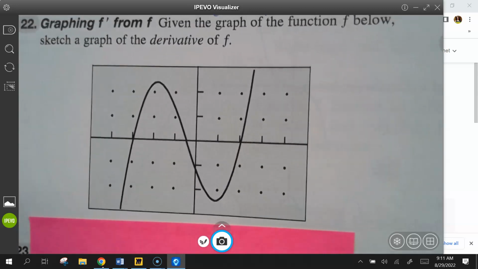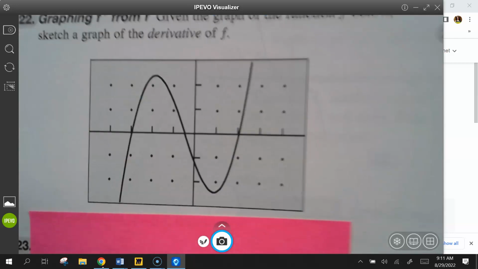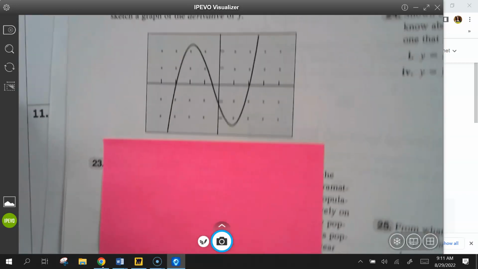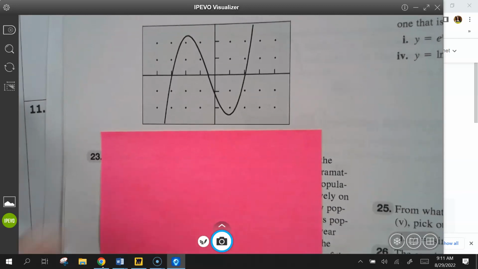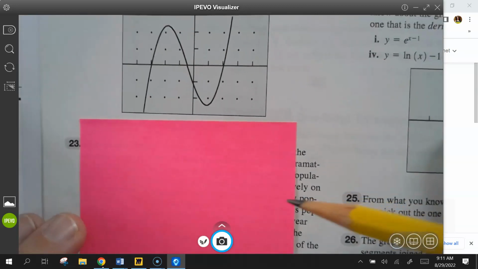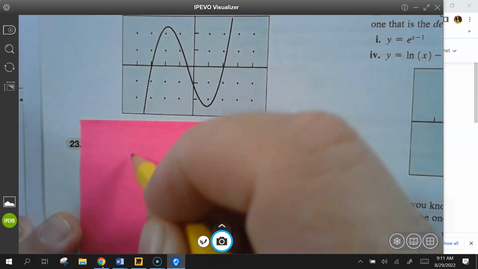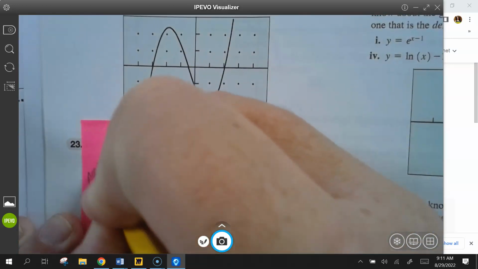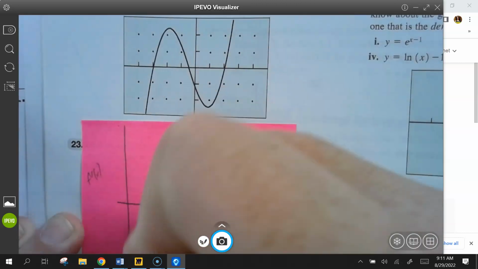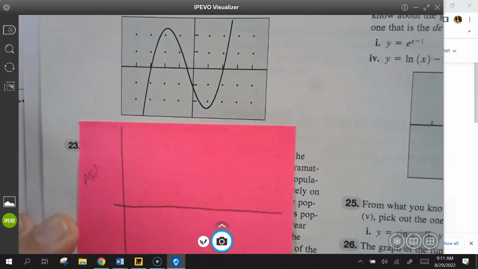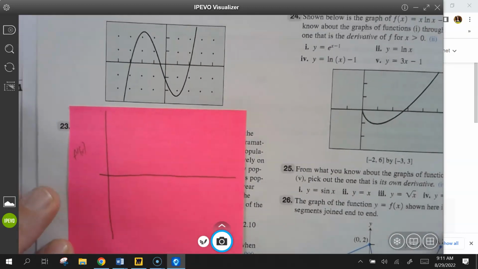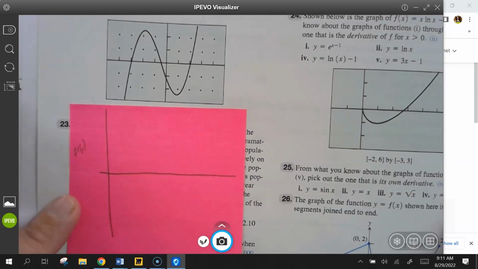Y'all don't know what to do? All right, let's do it together then. So now what I want to do is start kind of estimating some values here.